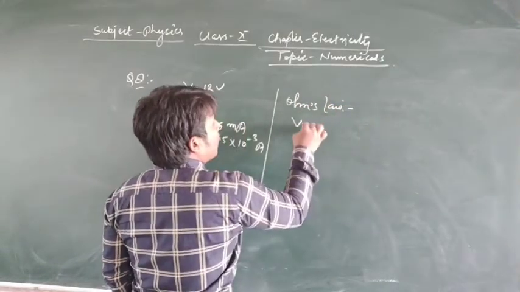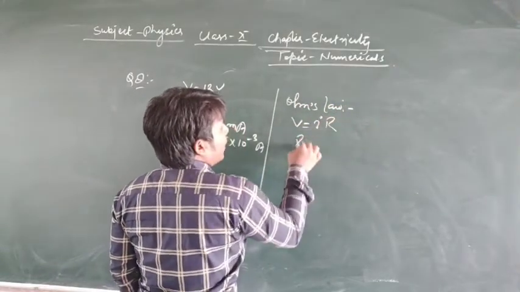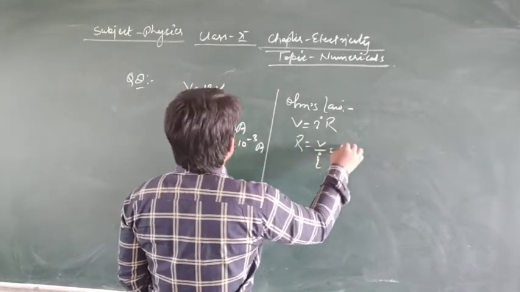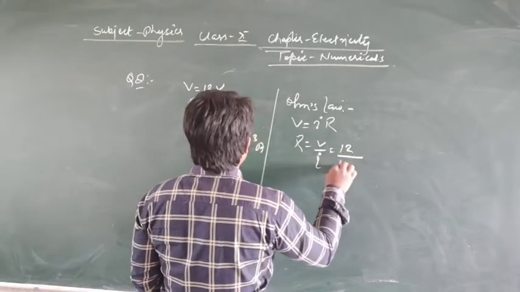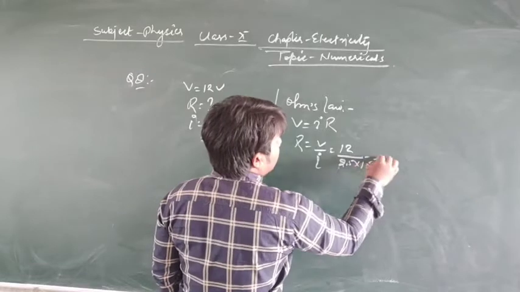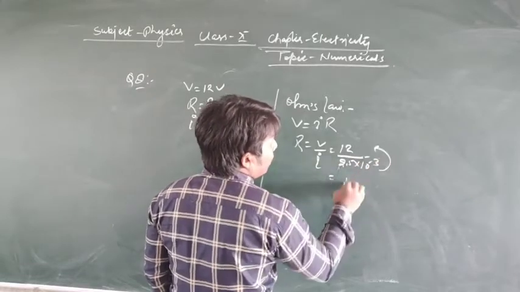What is Ohm's law? V is equal to IR, R is equal to V by I. We have to calculate R. So R is equal to 12 volt upon 2.5 into 10 to the power minus 3. It goes to the numerator and becomes positive.